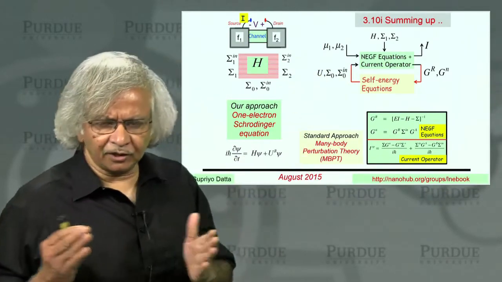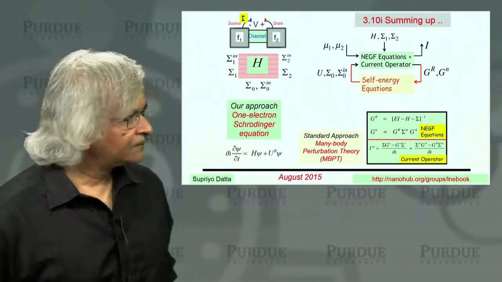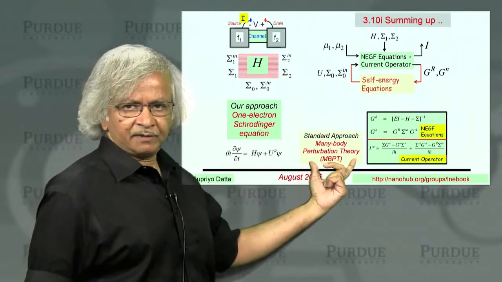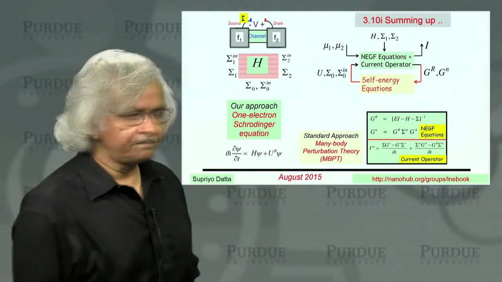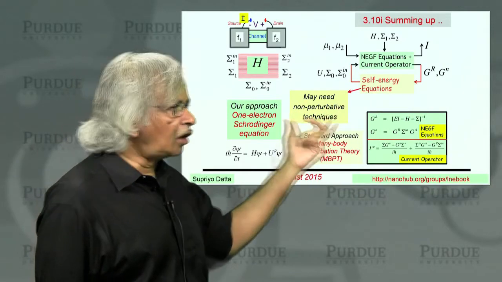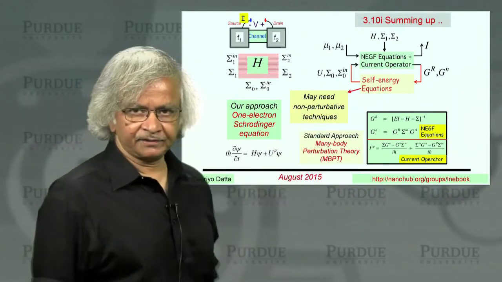But once you know the results, you can kind of rationalize it and understand where it comes from. There are other problems where you actually need this many-body perturbation theory in order to write down these self-energy functions. But then, of course, as I mentioned, there could be problems that require non-perturbative techniques. And so you might have to go beyond this.